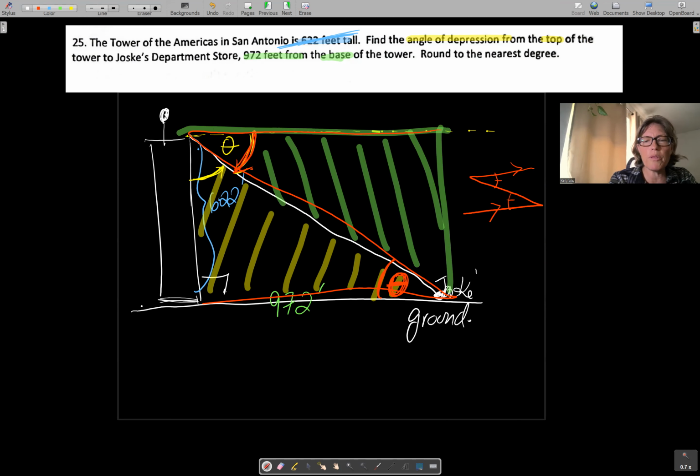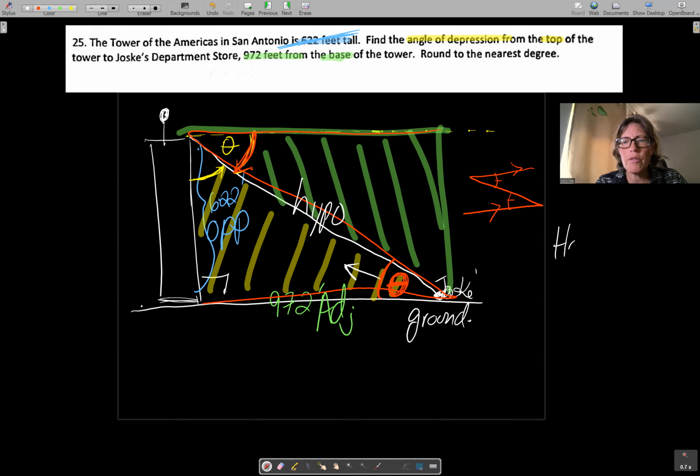So starting from this is going to be our opposite side. This is going to be our adjacent. And then, of course, here's your hypotenuse. Have, need, do. We have the opposite side, and we also have the adjacent side.